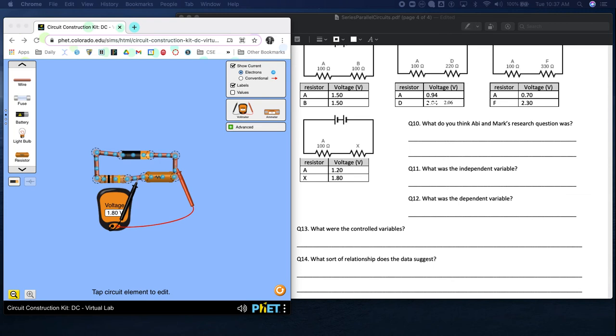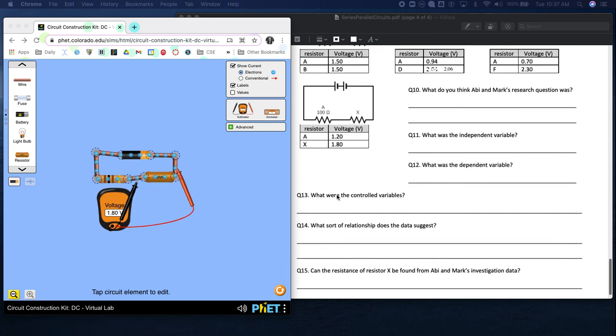Okay, so Ms. Tolles is saying that the controlled variables would be the 3-volt battery, the connecting wires, the 100 ohm resistor, and the digital voltmeter. Independent variables would be the additional resistors that are being changed, okay? The dependent variable would be the voltage that's being measured. And so that should help us with that.